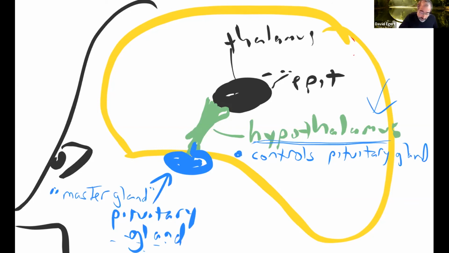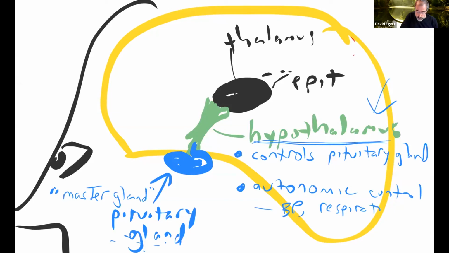So that's one thing the hypothalamus does. Other things that the hypothalamus does, there's a lot of autonomic control: blood pressure, respiration, things like that. Temperature. Your main thermostat is in your hypothalamus.